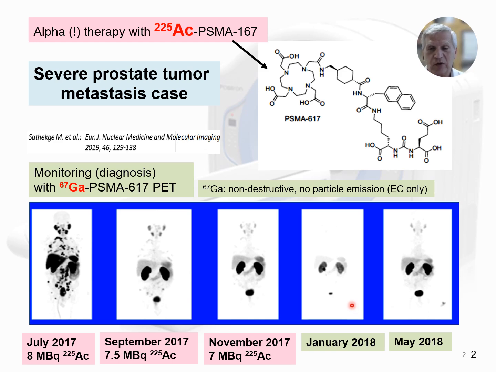So they didn't want to kill anything, but they wanted to see an image of the patient's body. So they turned to gallium-67. Gallium-67 has an electron capture decay, so there is no particle emission. This is good for diagnostic purposes only.